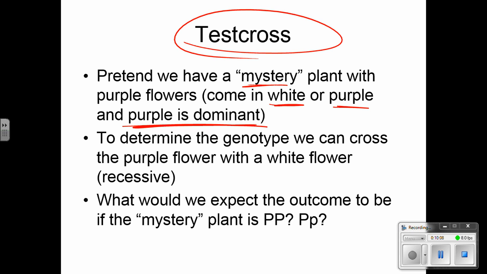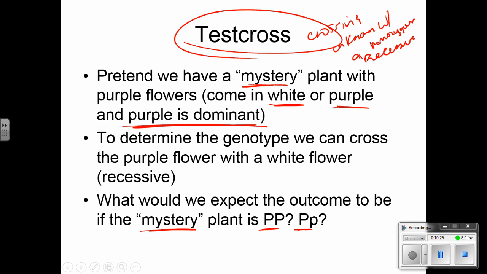So a test cross is always crossing your unknown with a recessive. Okay, a homozygous recessive to be exact. What would we expect the outcome to be if the mystery plant is big P, big P, or big P, little p? So kind of mentally do that.